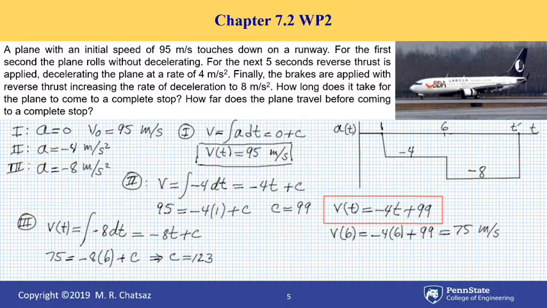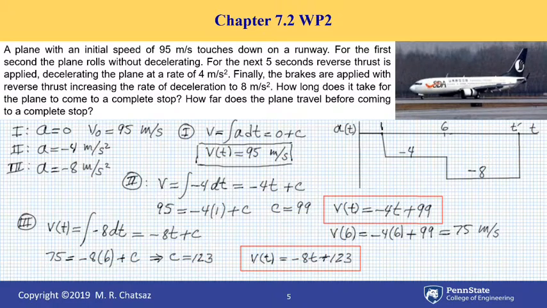Therefore, for the third phase, velocity as a function of time is found to be minus 8t plus 123. So at this point, we have found the velocity function in terms of time for the entire motion.